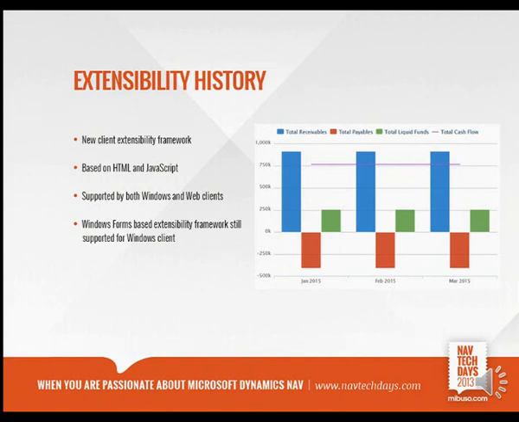The Windows client supports both versions of the extensibility today, because we wanted to keep compatibility with the customizations you already created. Going forward, though, we recommend using the new extensibility framework for two reasons. One is that you write your add-in once, and it runs on both clients. The other is the automatic deployment that the new client extensibility framework supports.